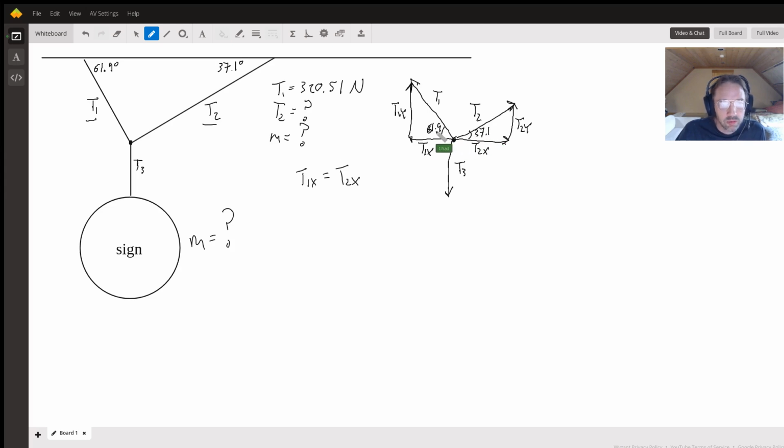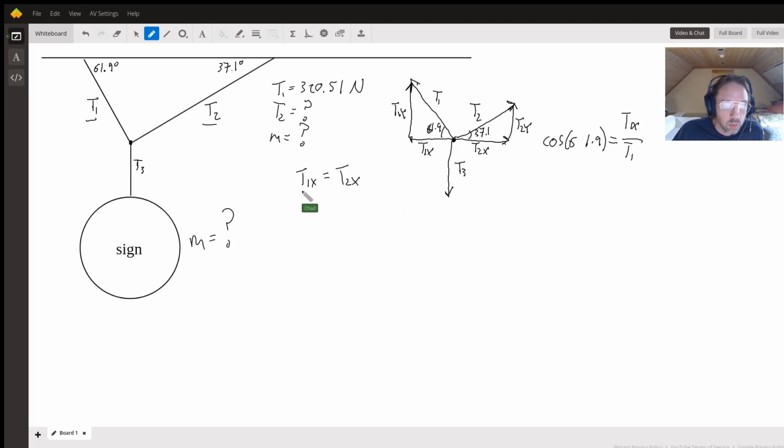So thinking about my trig functions from the perspective of the angle, we want the adjacent side and the hypotenuse. So that's cosine. So cosine 61.9 is equal to the adjacent side, T1x, divided by the hypotenuse, T1.